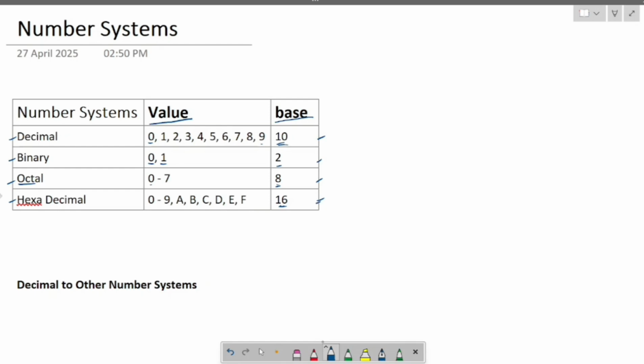Okay, so 16 means it will contain the decimal values. First decimal values 0 to 9. So 0 to 9 it is covering 10 values.